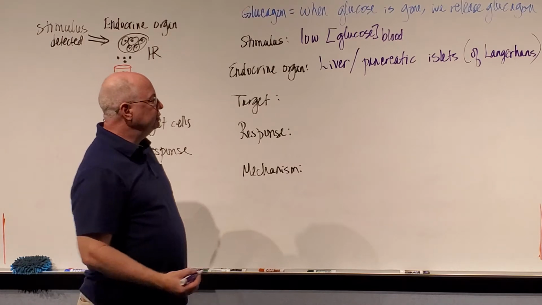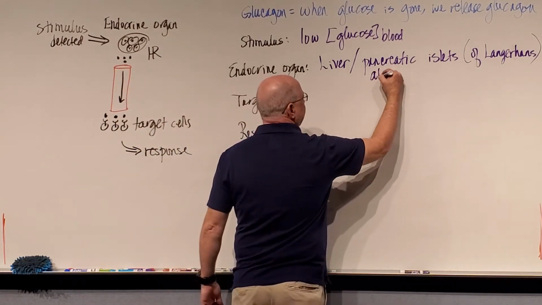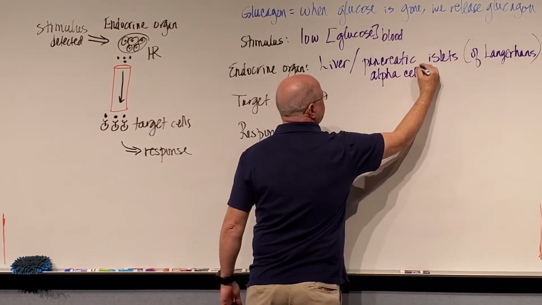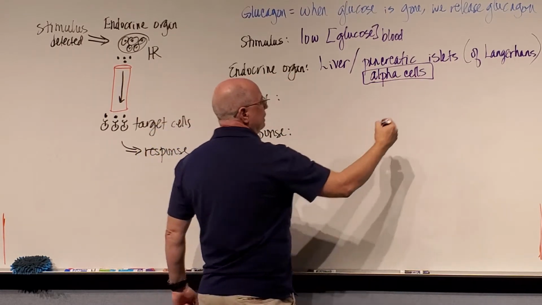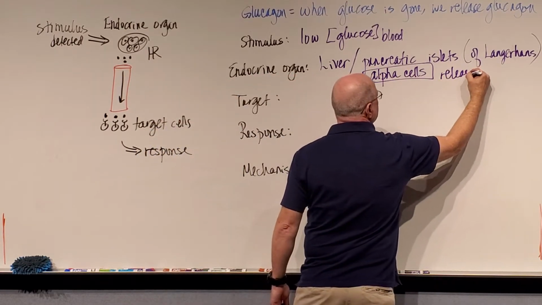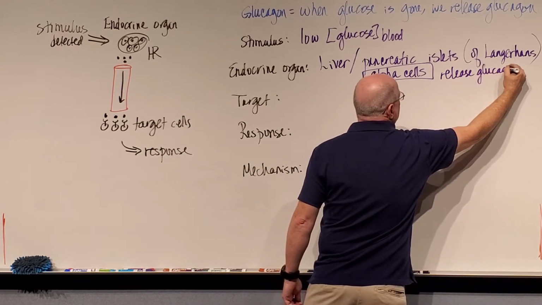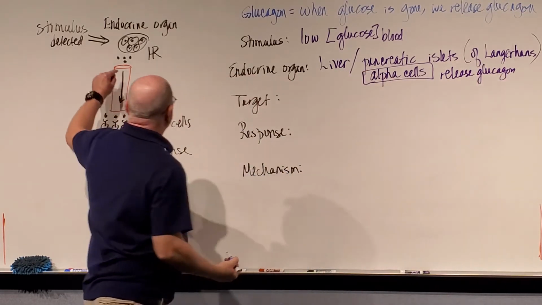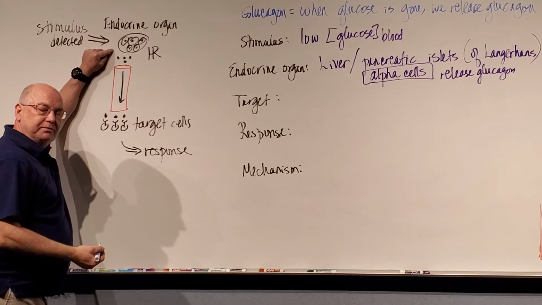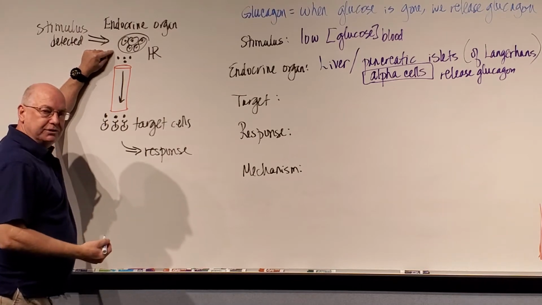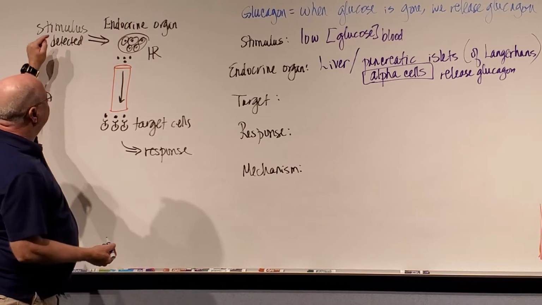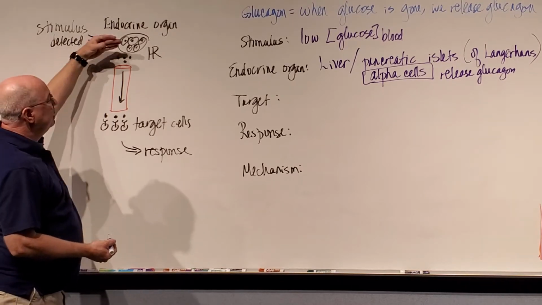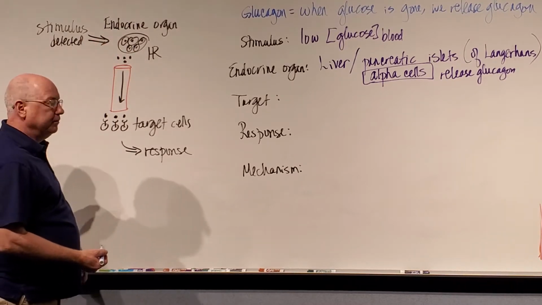One of the populations of cells are called alpha cells. The alpha cells of the pancreatic islets release glucagon. The little islets on the slide that we looked at in the pancreas have alpha and beta cells. There are also some other cells in there we're not going to talk about. But the alpha cells can detect low levels of blood sugar and release the hormone glucagon.